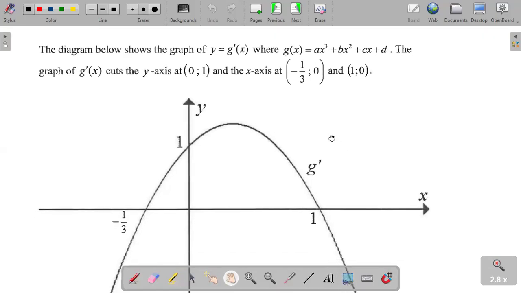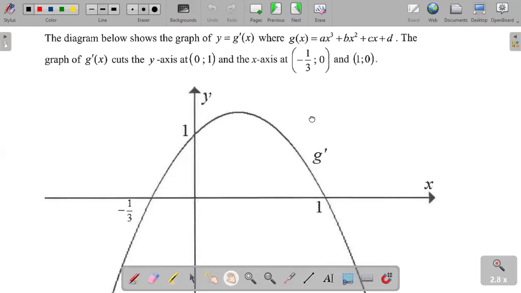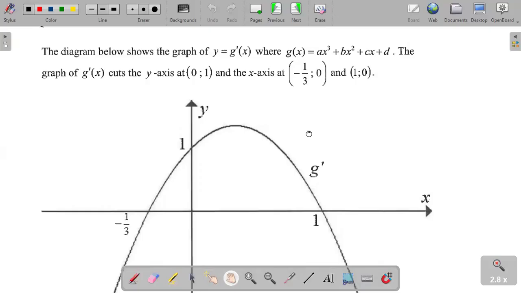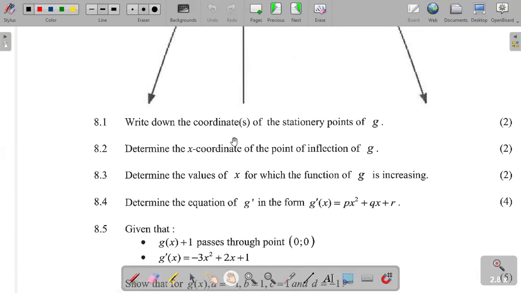Okay. When we have those points, we can find the what? The equation for the g prime of x. We can find it. Write down the coordinates of the stationary points of g.